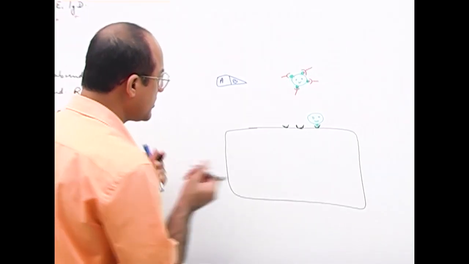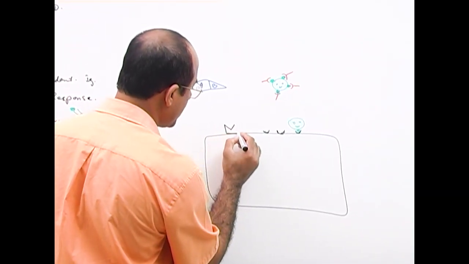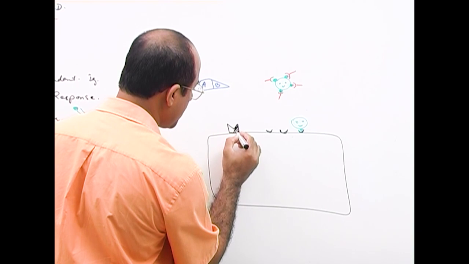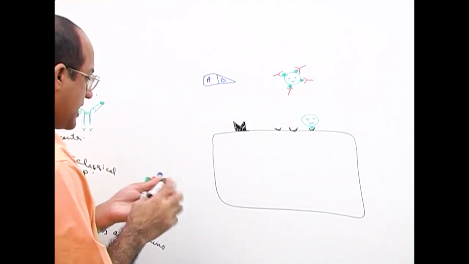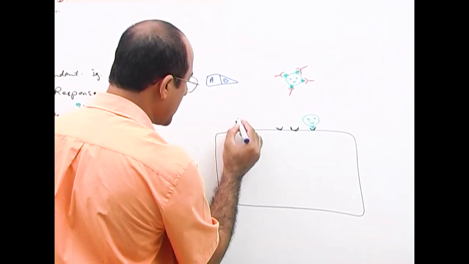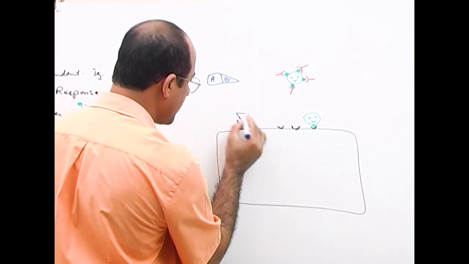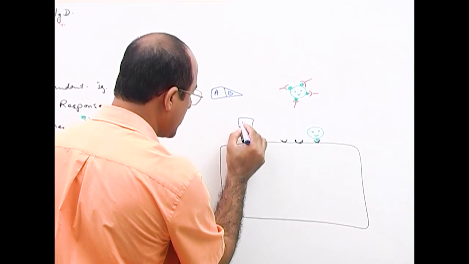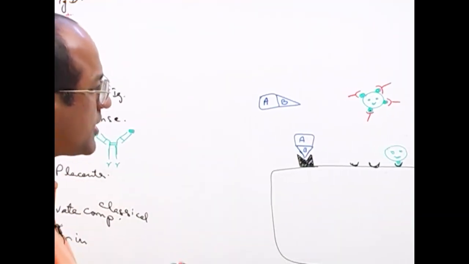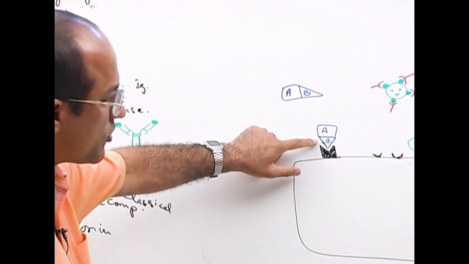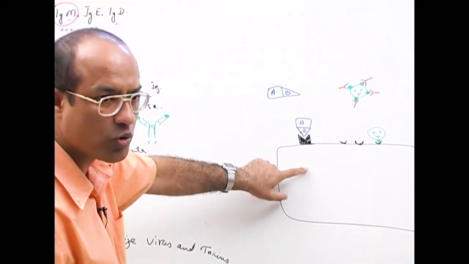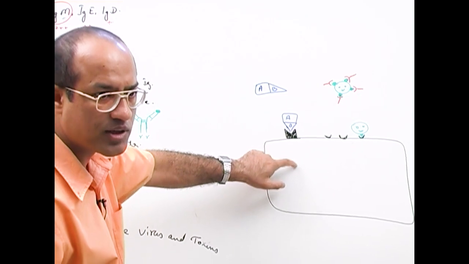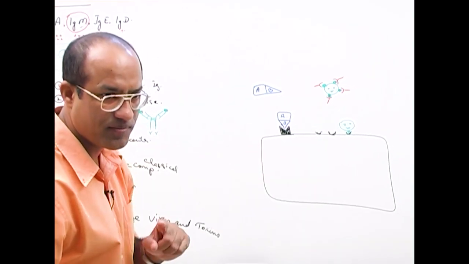So let's suppose this is the receptor for the toxin, and actually the B component binds here, and only when the B component of the toxin binds with the receptor will the A component be translocated into the cell, and then the A component will do toxicity in the cell.